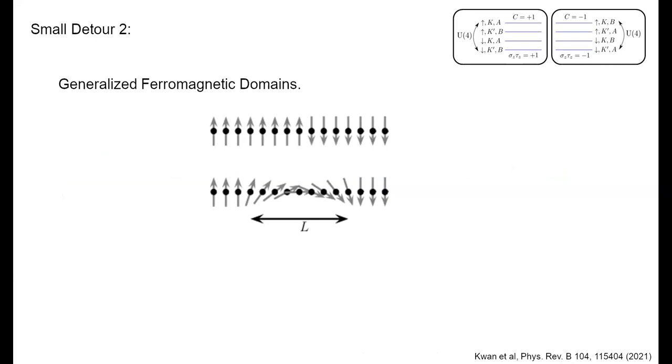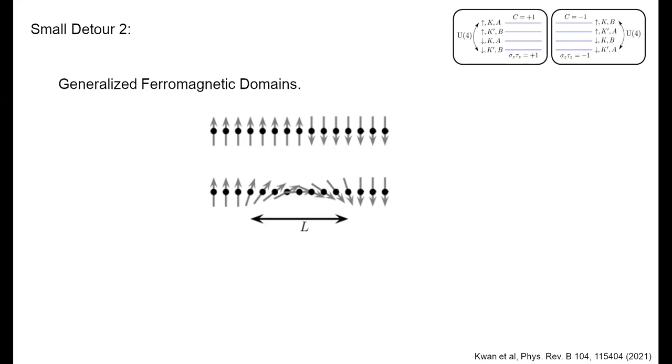This was the project with Paul and a bunch of us. You can start thinking about different possible symmetry breakings in different regions of your sample. Simple case, if it's a ferromagnet, you have spin up in one region and spin down in another region, and then you can have a domain wall in between. We know that the domain walls can be fairly complicated.